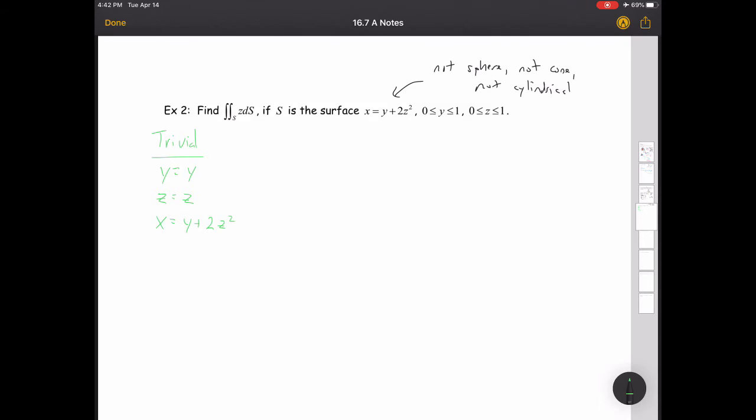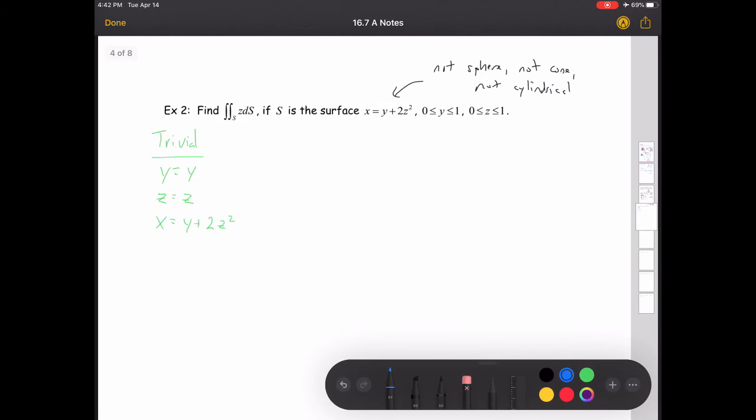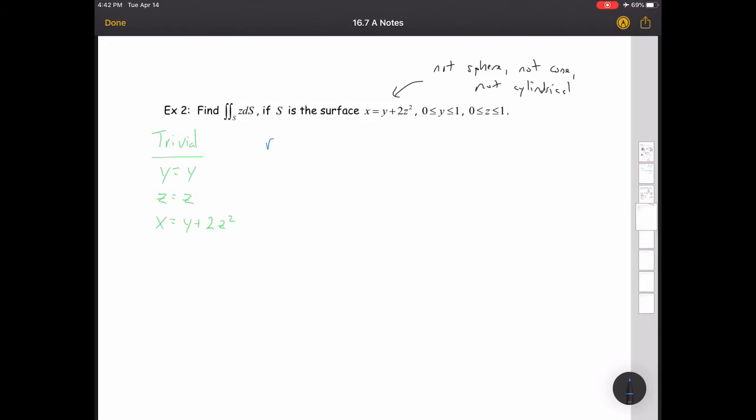So now all of these things are in terms of just y's and z's. So that tells me that my r of y and z is going to be, well, the x part goes first, so y plus 2z squared, y is y, z is z.